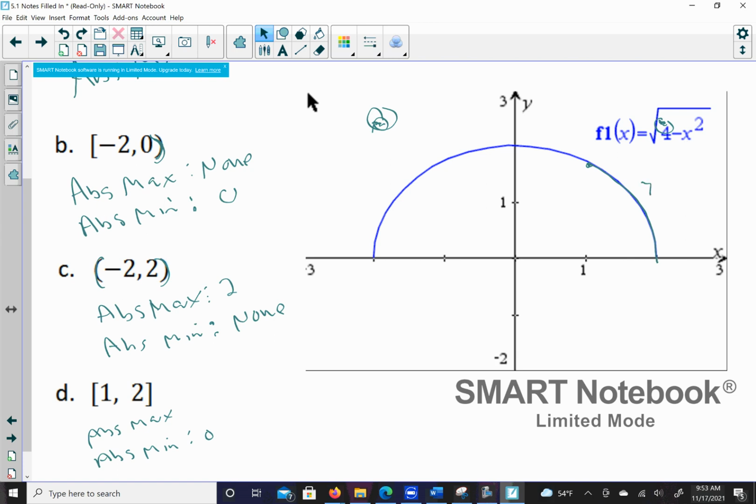So I'm going to have the square root of 4 minus 1 squared. So the square root of 3, which you can write as the square root of 3 or 1.7. And that would be your absolute max because I'm only doing the interval from here to here. So that one would be my new endpoint, which would give me a different max.